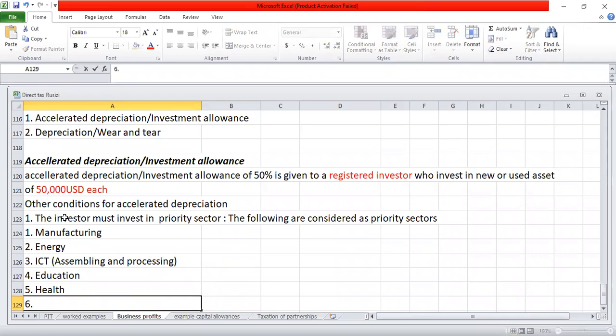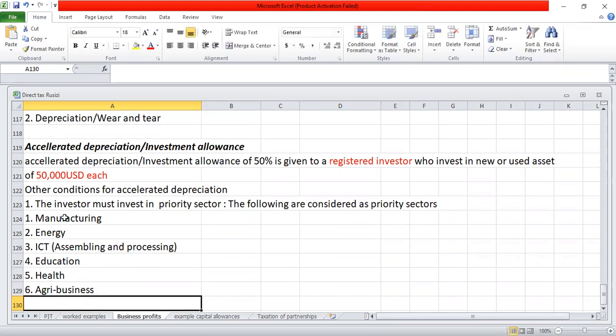Agribusiness is a priority sector. Transport, at least 90 passengers. If you are investing in the transport, at least it should be having 90 passengers and above. That's the one that is allowed.